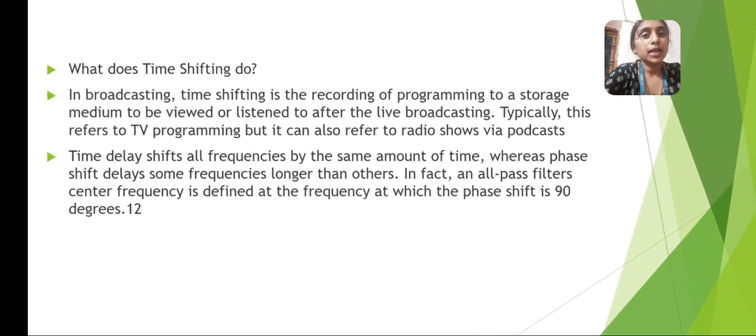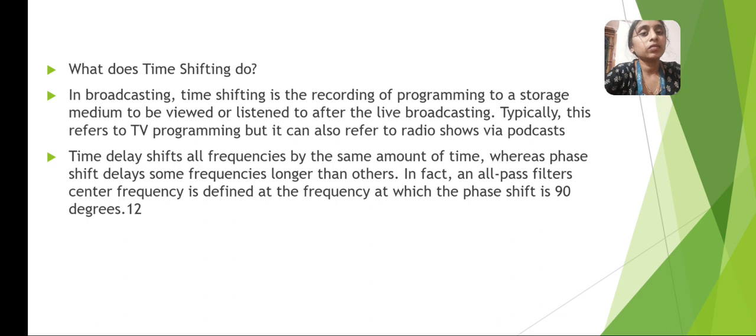So what does time shifting do? In broadcasting, time shifting is the recording of a program to stored media to be viewed or listened to after the live broadcast. Typically this refers to a TV program, but it can also refer to radio shows via podcast.